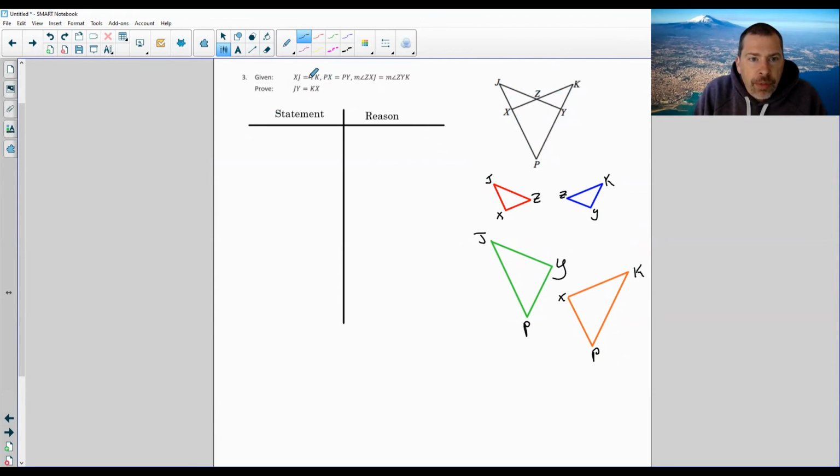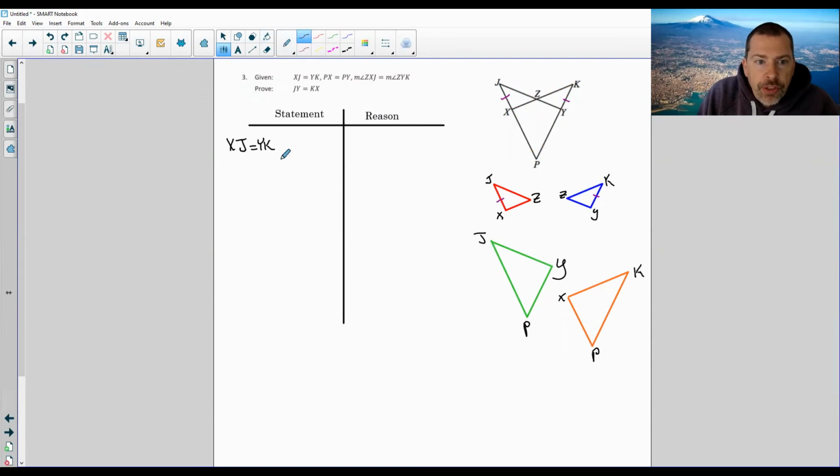And now I'm going to look at my givens. So what are we trying to prove? What we are trying to prove is JY is congruent to this. Okay, that's the goal. So we have XJ equals YK, and I'm going to label my diagram. XJ is just this short piece right here. It's congruent to YK, which is right here. So that's this little triangle right here. Those sides are congruent.